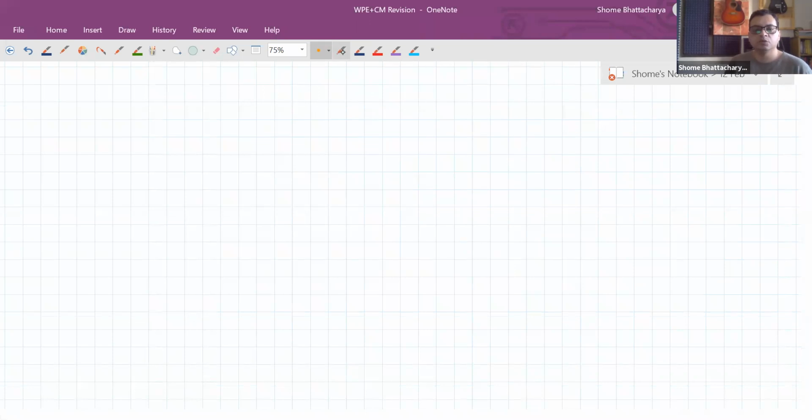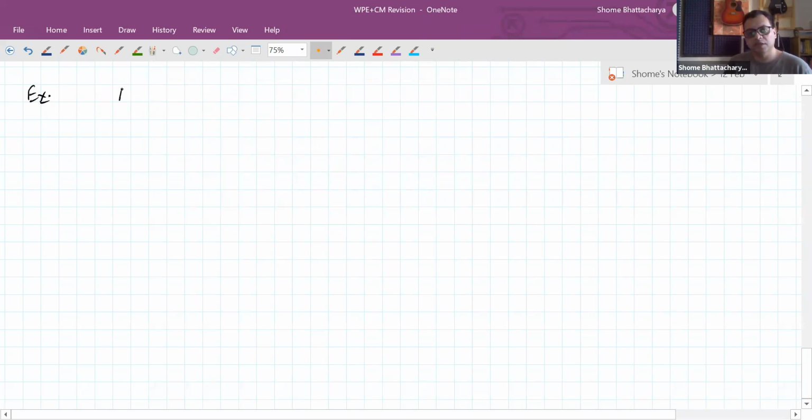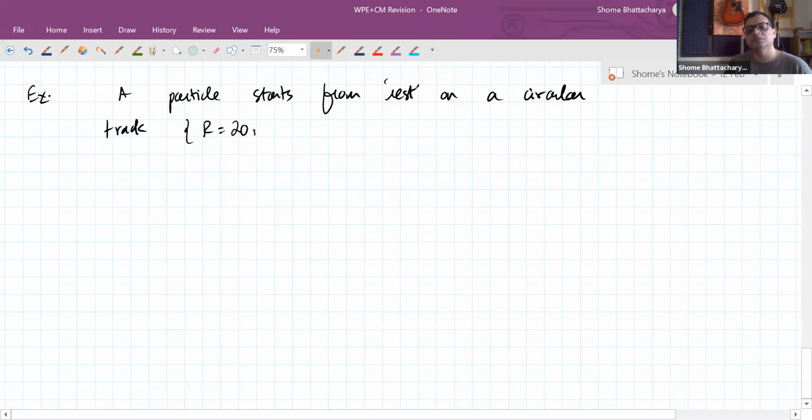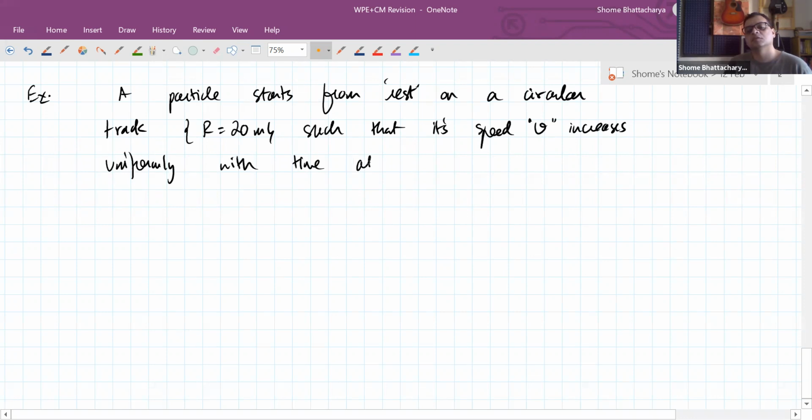Let's work out some questions based on this. For example, if we have a situation where we have a particle that starts from rest on a circular track of radius 20 meters such that its speed v increases uniformly with time at the rate of say 3 meters per second square.